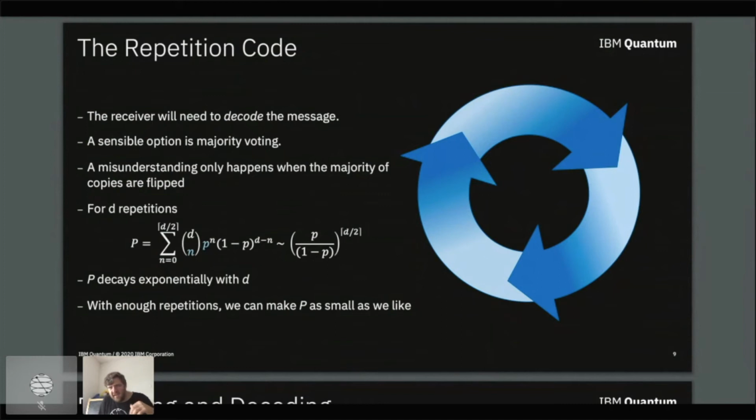If you repeated it 101 times, it would be p to the 50. So the probability that the majority gets flipped decreases exponentially as you increase the number of repetitions. So as certain as you want to be that you do or do not get pineapple on your pizza, you can just make sure that happens by repeating yourself enough times.